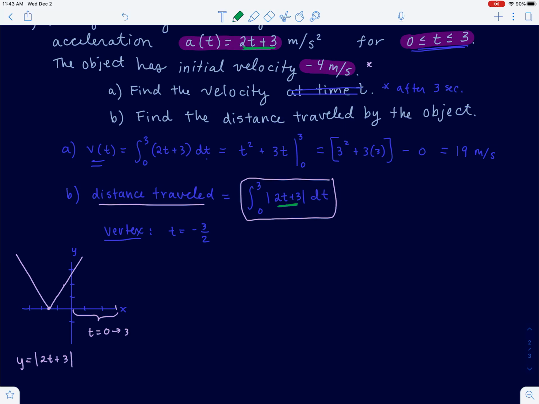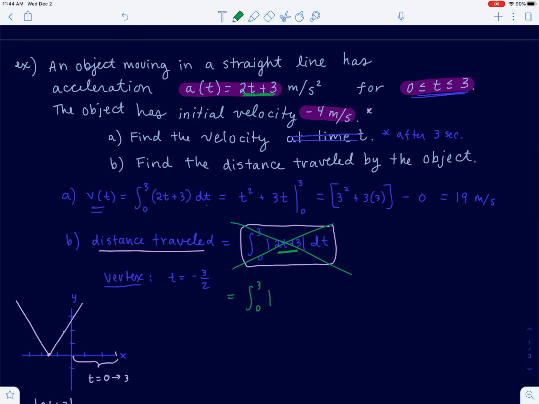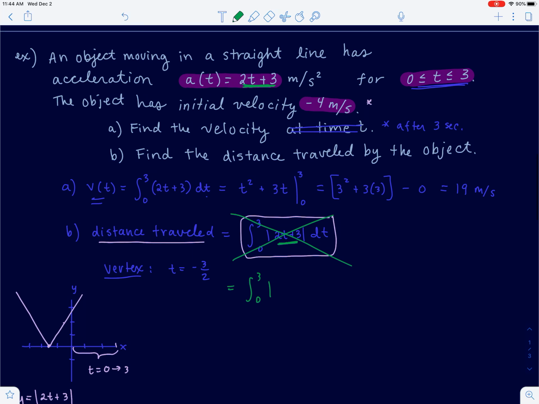I don't want to be too dishonest here, but my distance traveled I had set up incorrectly. So I needed to do the integral from 0 to 3 of the absolute value of V, which is here, t squared plus 3t plus v naught, my initial velocity.